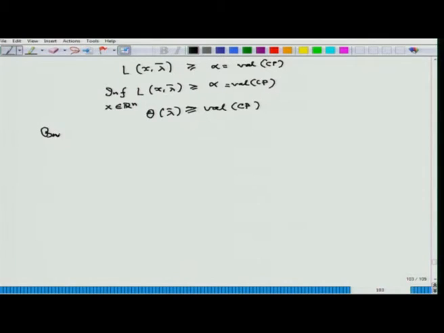But by weak duality, for any lambda element of R m plus, value of Cp is bigger than or equal to theta of lambda.